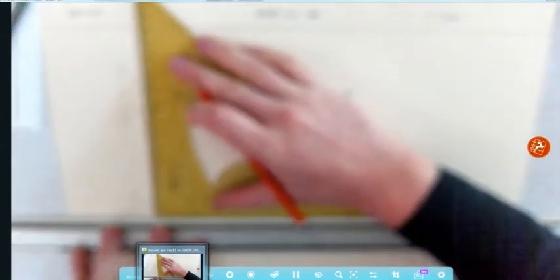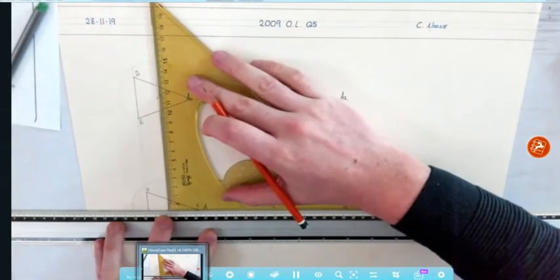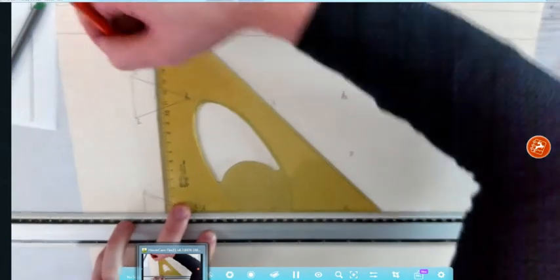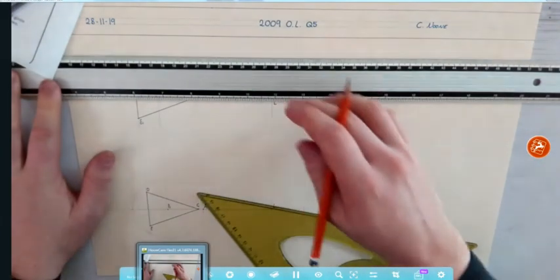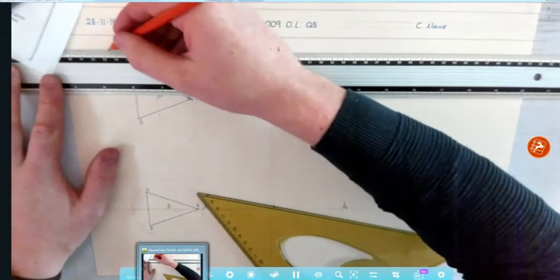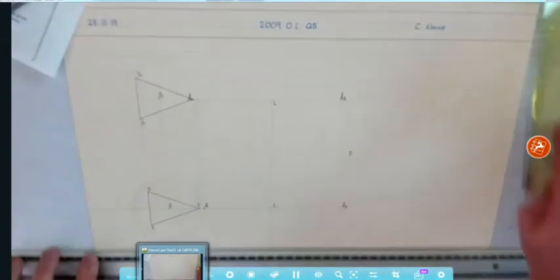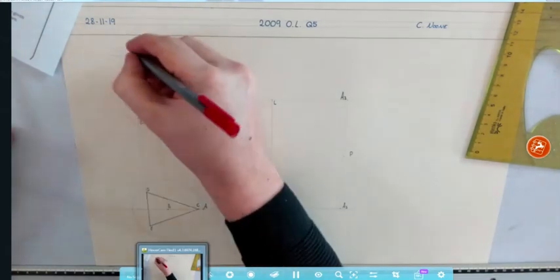And I'm going to measure up from the center point 5 and 5 to two straight lines. And call that a translation.